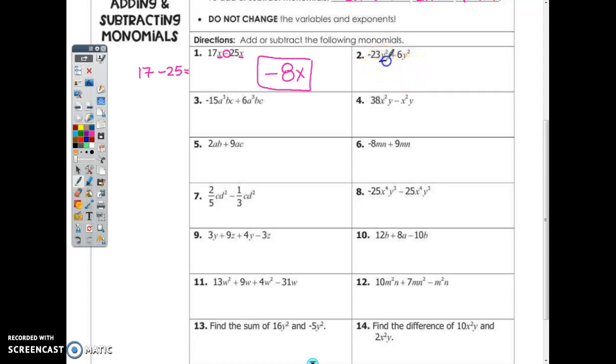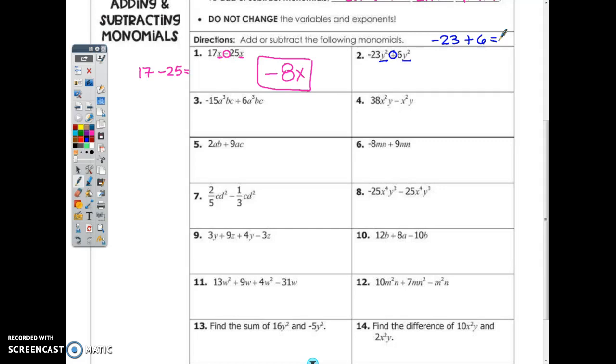Yeah, because they both have y squared and y squared. So what are you going to do with the numbers? You're going to add them, right? So in the calculator, you would put negative 23 plus 6, and that'll give you the answer that you're going to write down with the y squared.